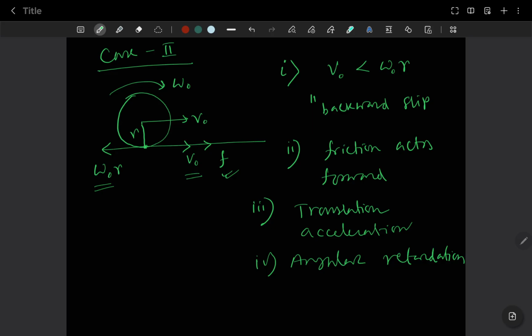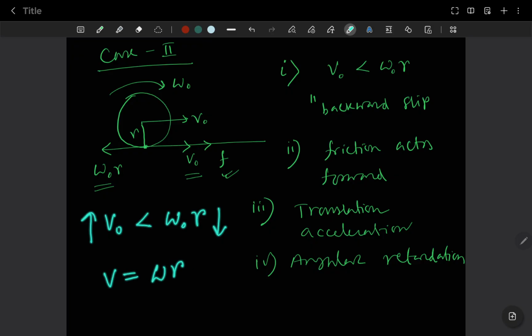So you see here v0 was lesser than omega 0 r. Now for translational acceleration v0 is increasing, and for angular retardation omega 0 is decreasing. So after a while it attains a greater value v, and omega 0 r decreases to omega r.